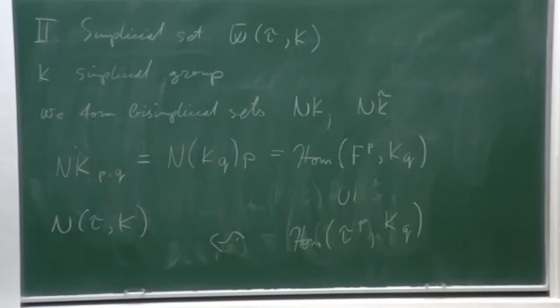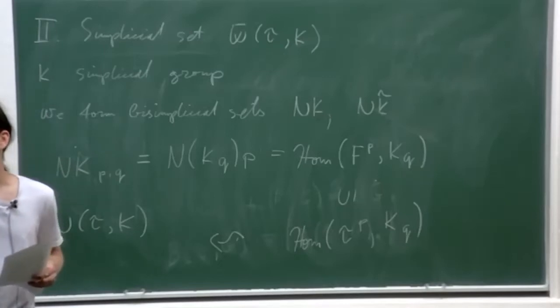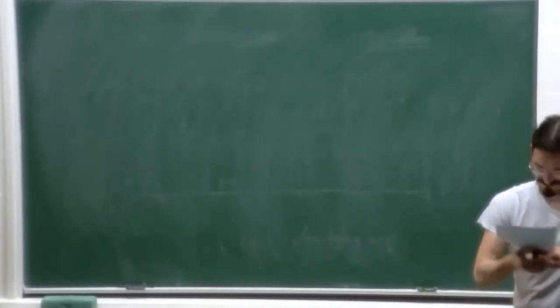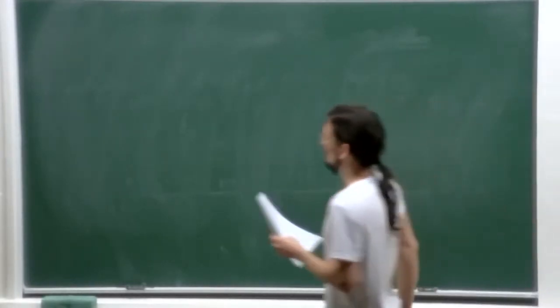So basically the first try is to use the W bar construction, but it turns out that that thing does not have enough classifying maps. So we'll actually need to use something else in the end.